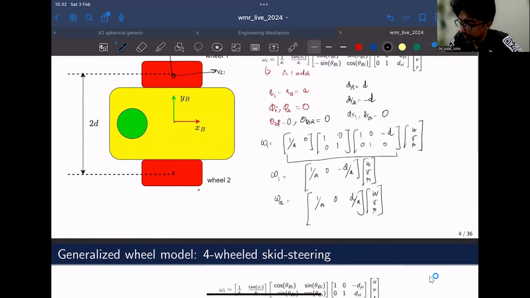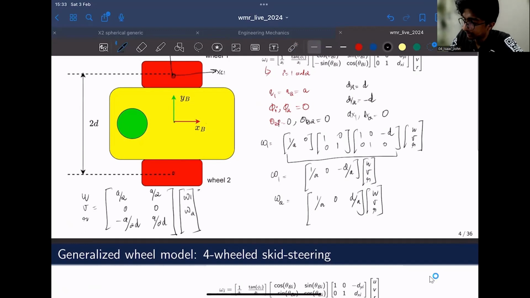So UVR would be a by 2, 0, 0, minus a by 2d, times omega 1, omega 2. And this is basically the kinematics of a differential wheeled robot. What you have over here is called a wheel configuration matrix, right?